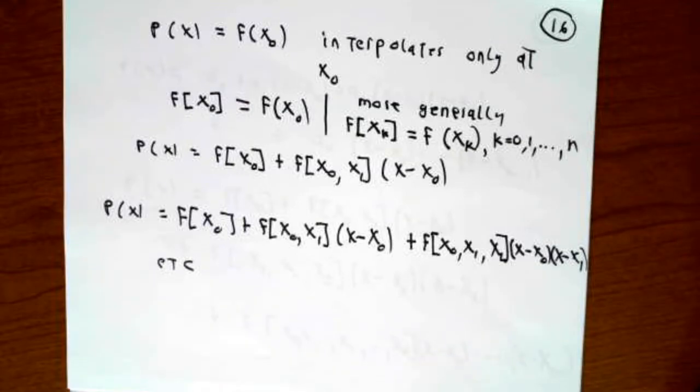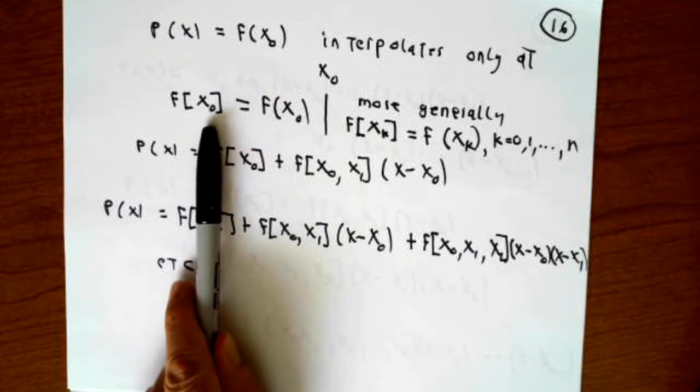Or even in the simplest case, if I think about the polynomial of degree no more than 0 that interpolates at one data point, for example, the constant polynomial that interpolates f at x0, that would be the constant polynomial f of x0.